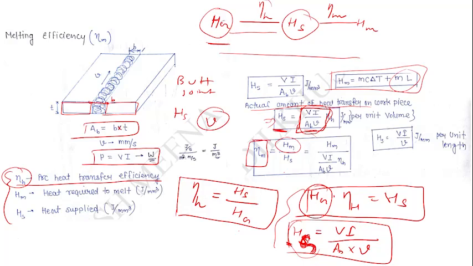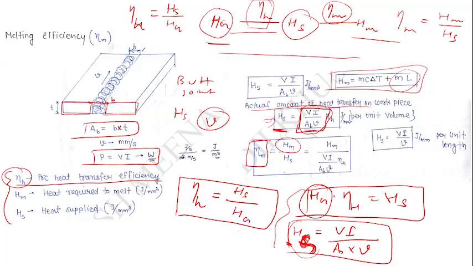That will be decided by the heat transfer efficiency, that is Hs divided by Hg. Then of the supplied heat, not all the heat will be utilized in the melting. There will be some losses, so that will be represented by melting efficiency. That's what I was telling.